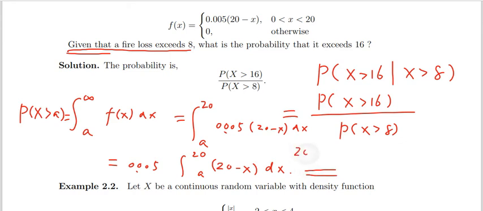We let 20 minus x equal t. So when x equals 20, t is 0. When x equals a, t is 20 minus a, right? And dt has a negative sign.